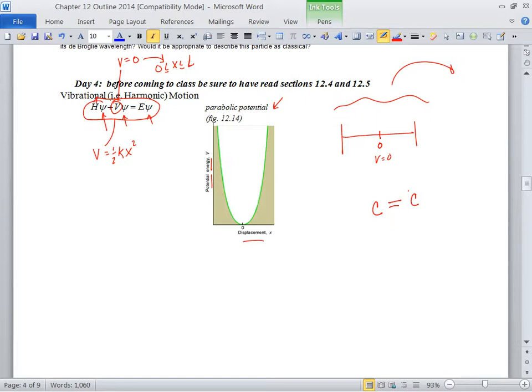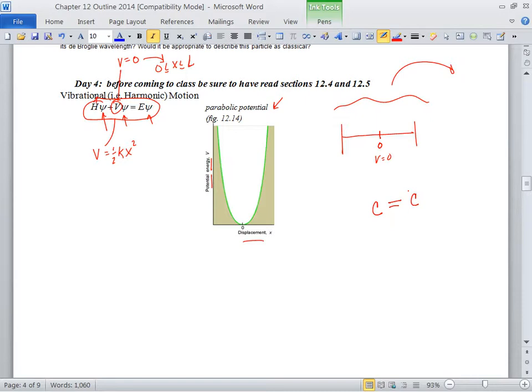But they're trying to model this so that the farther we get from this nice, comfy equilibrium position, the more energy you have to put in. It's like stretching a spring: it might be easy at first, but the more you stretch, the harder it gets pretty quick.